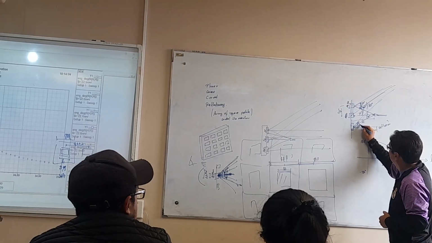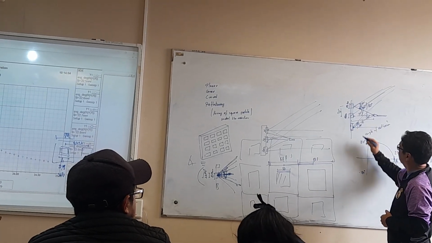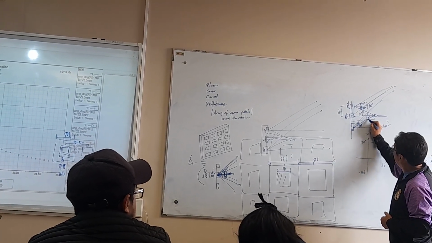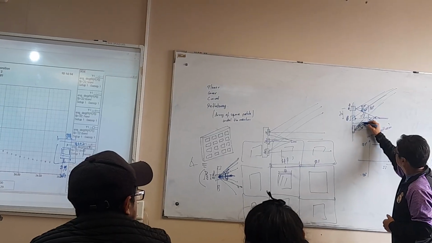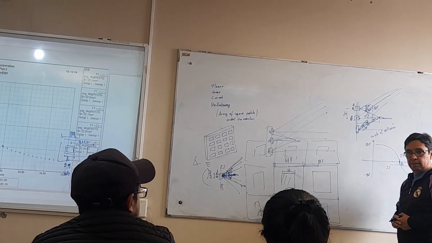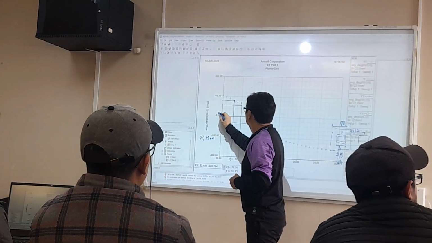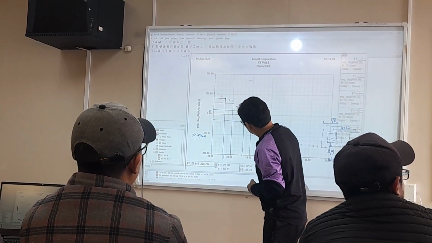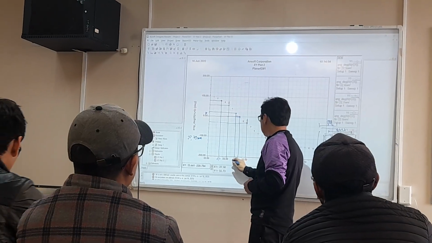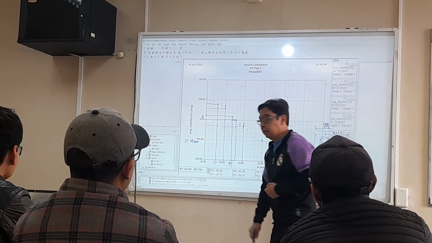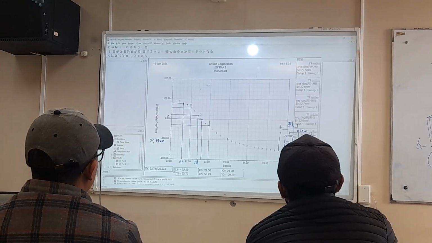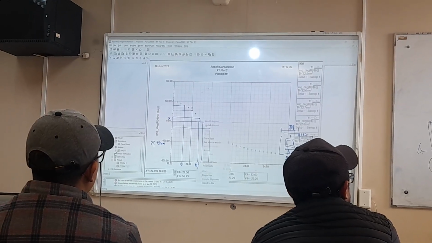Then here we have 30 degrees. Then the total angle of reflection is 20 degrees. We go to 20 degrees, we go to this dimension, and then the size is 22.7. Then the size of this is 22.7.